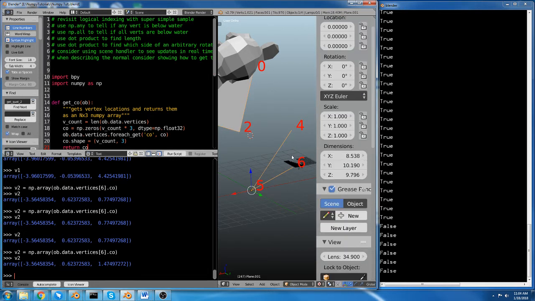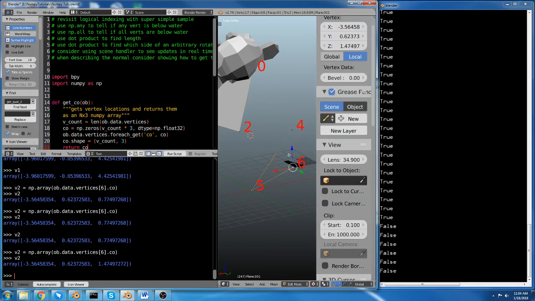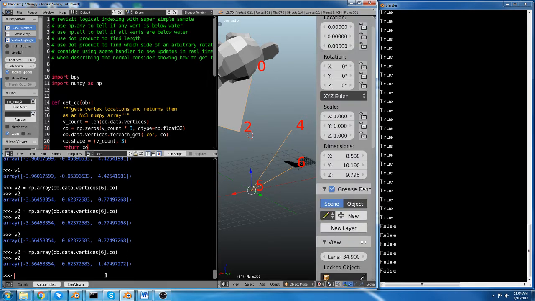Now let's talk about what happens if we get the dot product of vertex 4 and vertex 6. Well, np dot v1 and v2. And I'm just going to say dot equals.